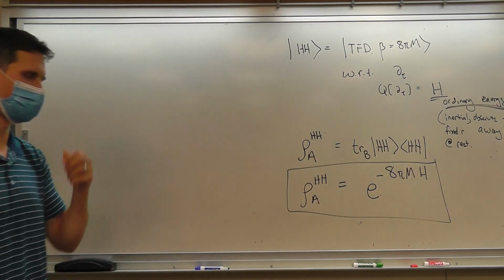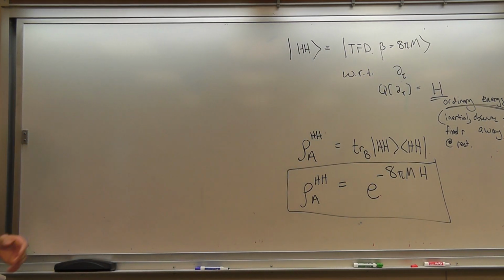So you really have to regulate where you're allowing the gas to be by putting it in the box. So here, should I think of this divergence as because the size of null infinity is infinite? The issue isn't null infinity, I think. It's like the observer at null infinity is collecting all this radiation, right?